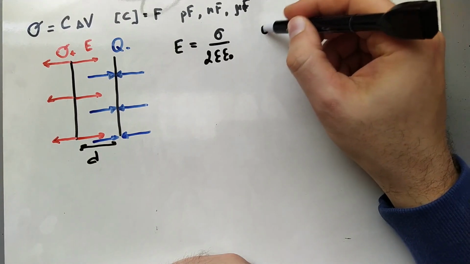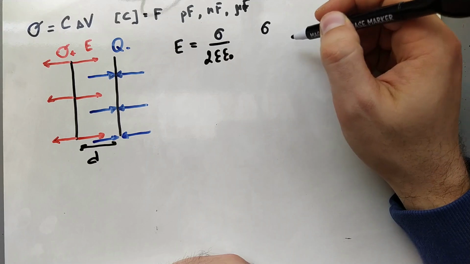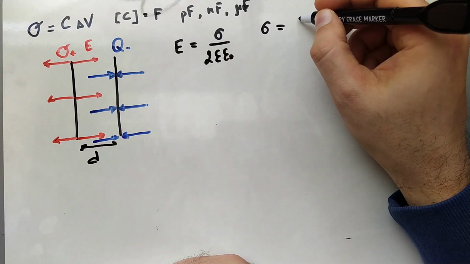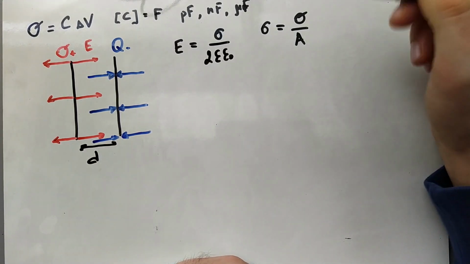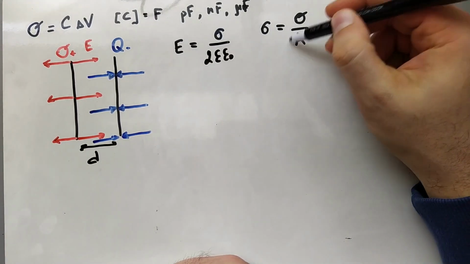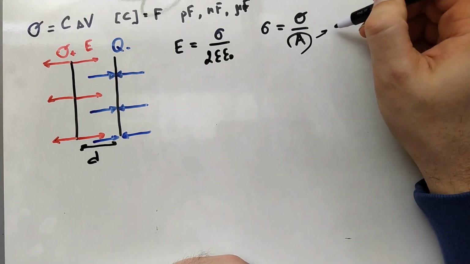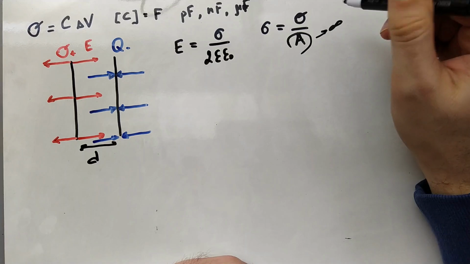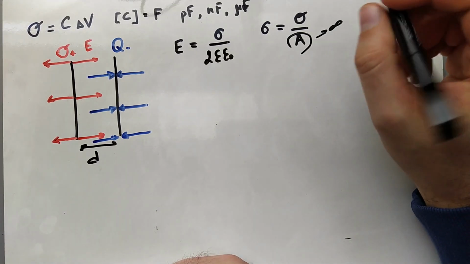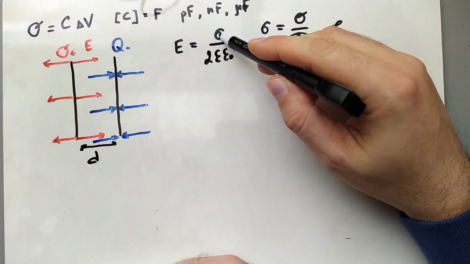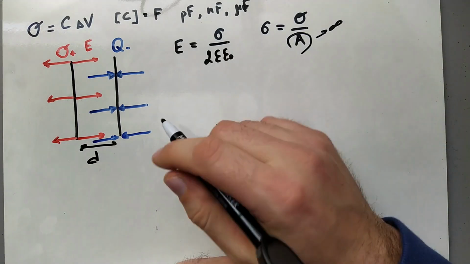Sigma here is the surface density of electric charge, and that will be given as total electric charge divided by the area of the plate. So we assume that this area of the plate is very large, approaching infinity. So we have some uniform distribution of electric charge over this plate.